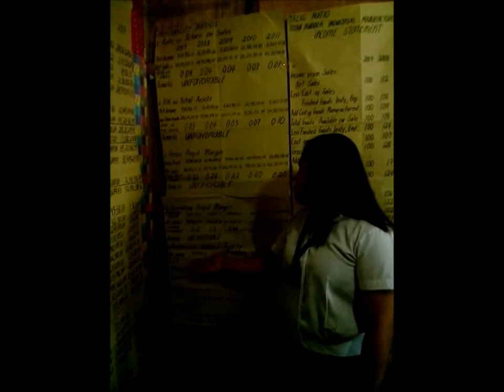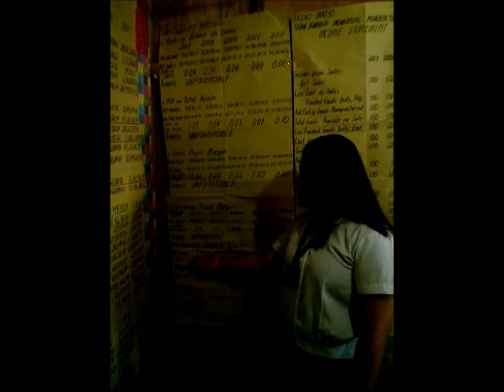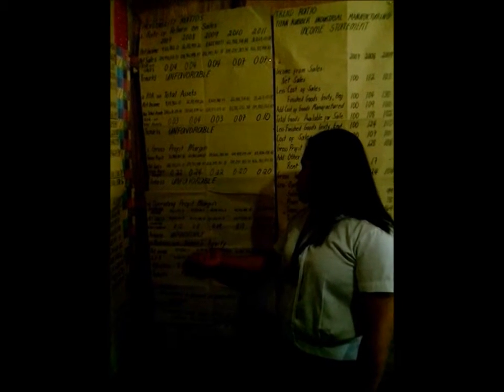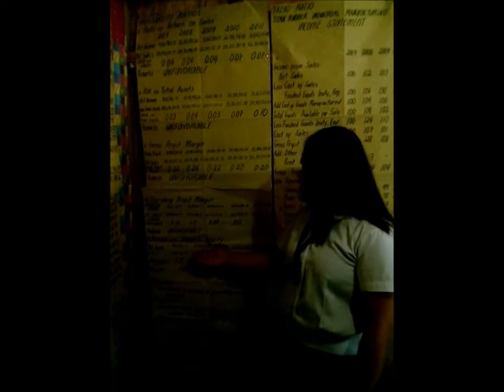Rate of return on equity measures a corporation's profitability by revealing how much profit a company generates with the money shareholders have invested. So, the net income of the company for 2007 is 9.5 million, 12.1 million in 2008, 8.8 million in 2009, and 31.3 million in 2011.